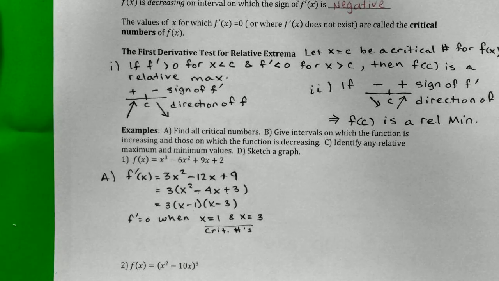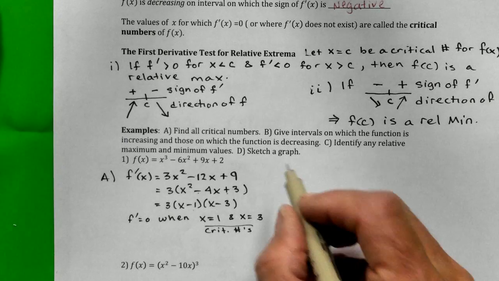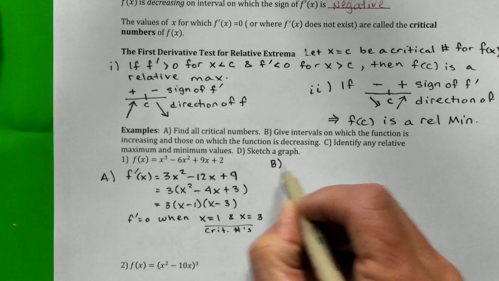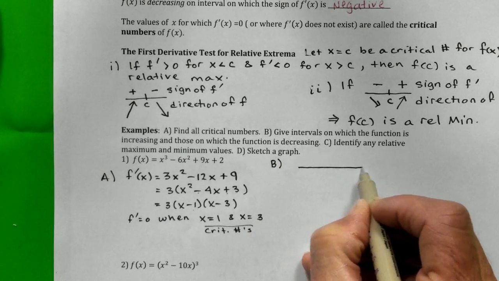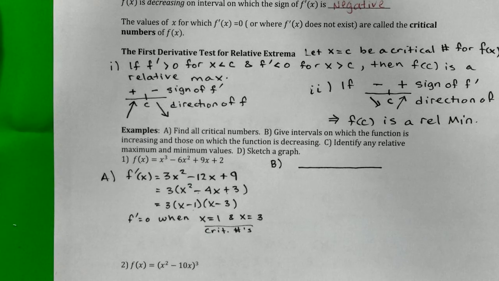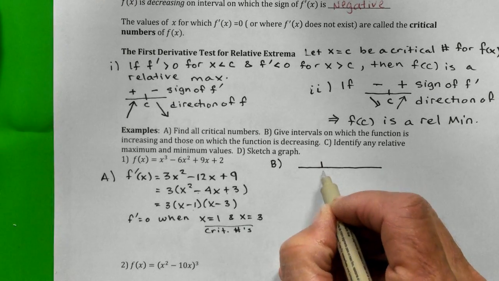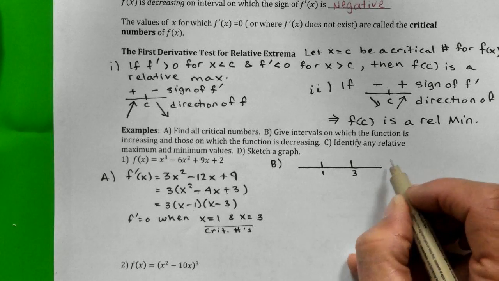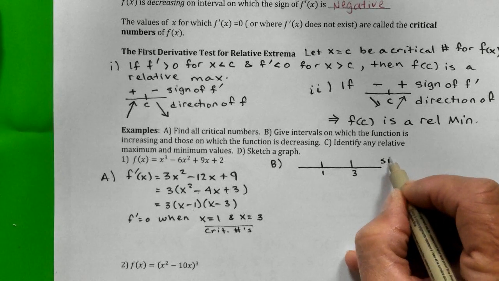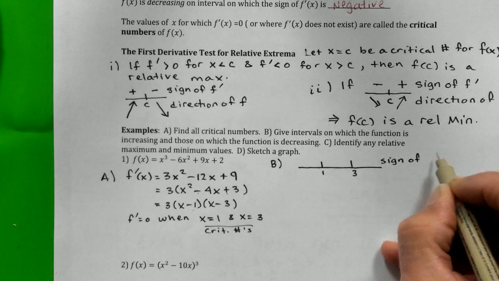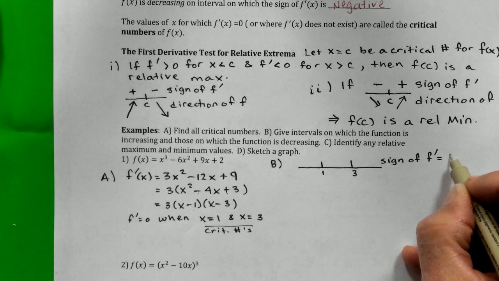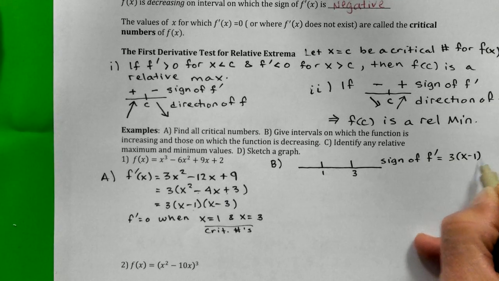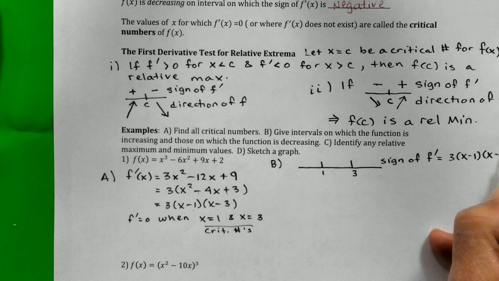Now in part B, to give intervals where the function is increasing and intervals on which it's decreasing, I'll just do all that with a number line. The same way we found where the velocity was positive and negative. We put these two numbers on here, and we're going to plug them into the derivative. I'm going to put it into the factored form, and then I only have to hold the sign and not the number.